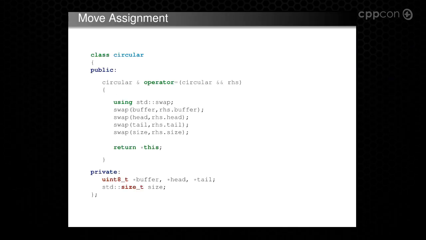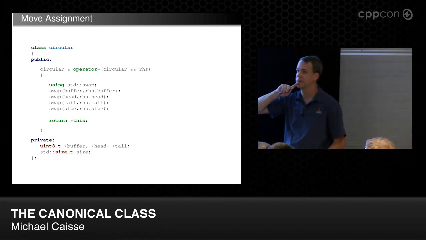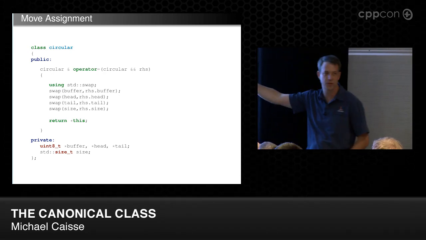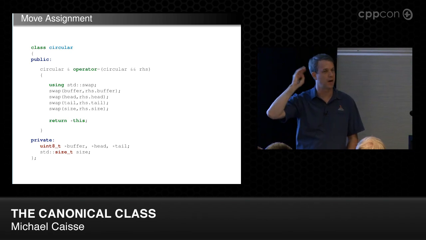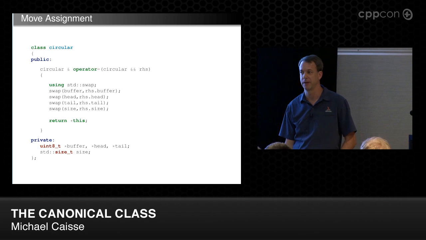All right. This, by the way, is the proper way to write with swap. Using std swap and then swap internally so that if swap has been overloaded elsewhere, you get the proper swap, right? Don't call std::swap.